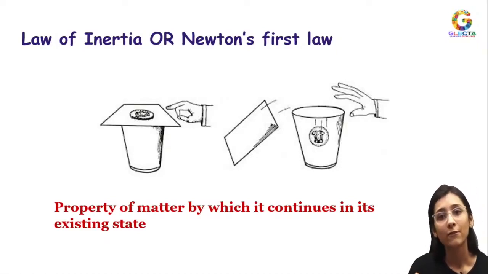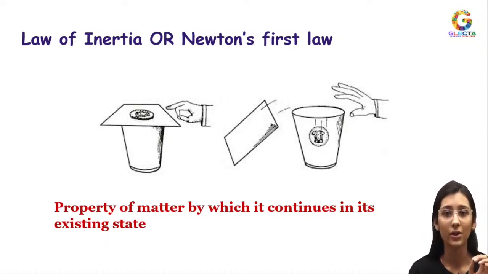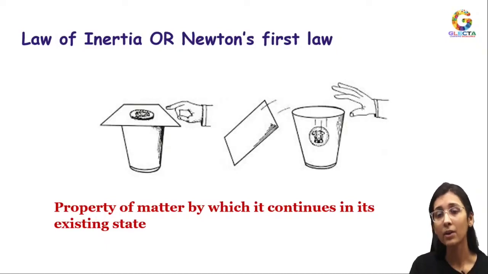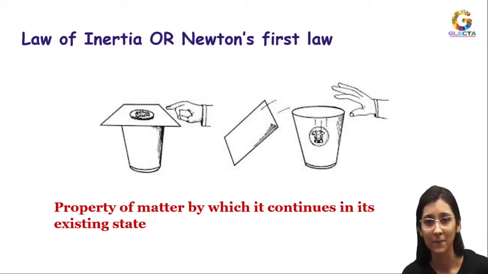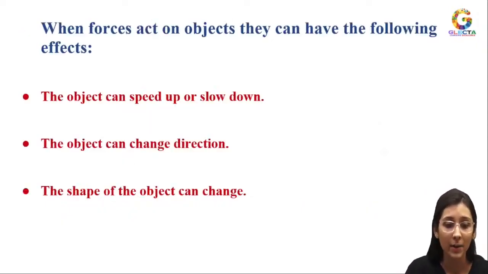But when the person flicked the paper, the coin fell in the glass, because it requires some time, and in that time the person applied force enough to flick the paper that the coin didn't have enough time to match with that state. Alright, now you know what I mean by law of inertia.